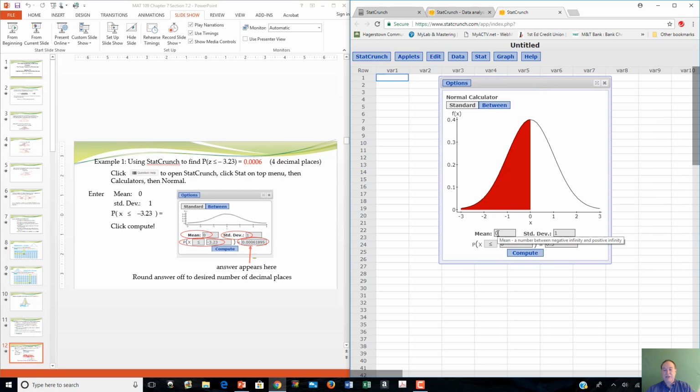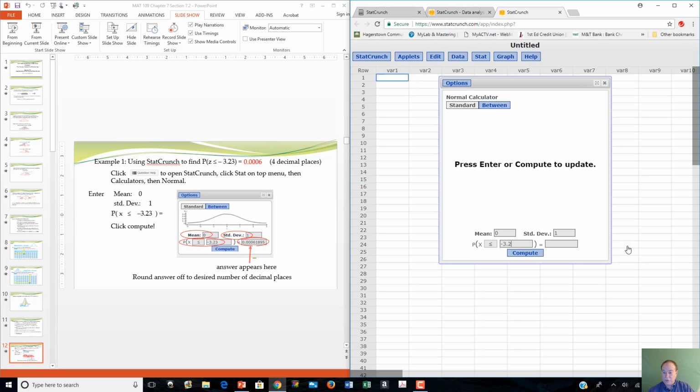The mean we said was 0. The standard deviation is going to be 1. I want less than or equal to, and now I need to put in my z value, which is negative 3.23. So I put in negative 3.23 and click Compute. Right here is your answer, 0.006185, and you round it off to 4 decimal places, you get the same answer we had before.